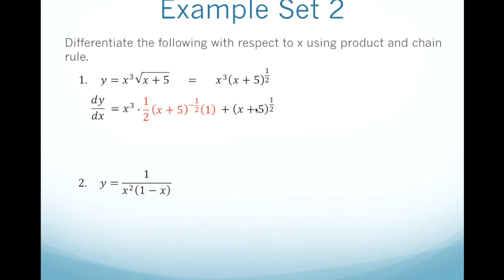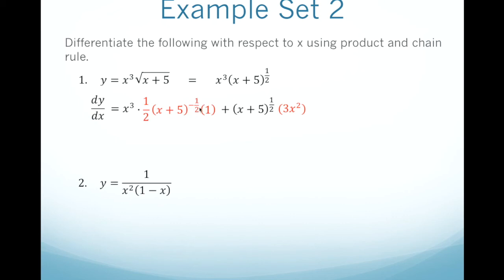Then added to, copy the second function, then multiply by the derivative of x cubed, which is just 3x squared. Now let's write this more nicely. 1 half times 1 is 1 half.